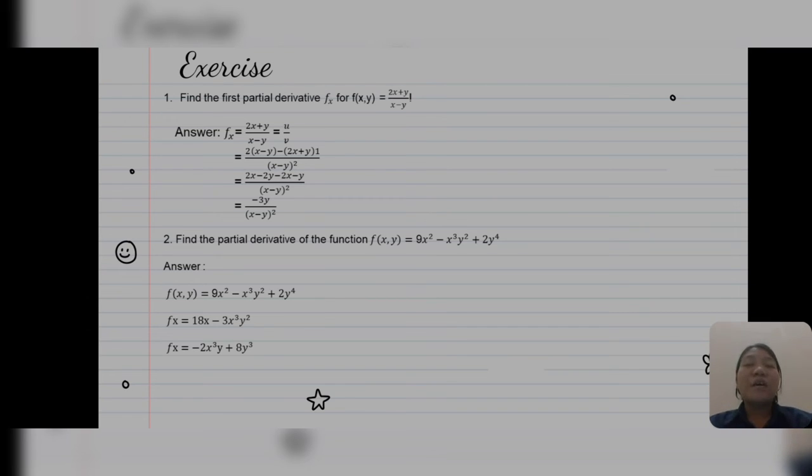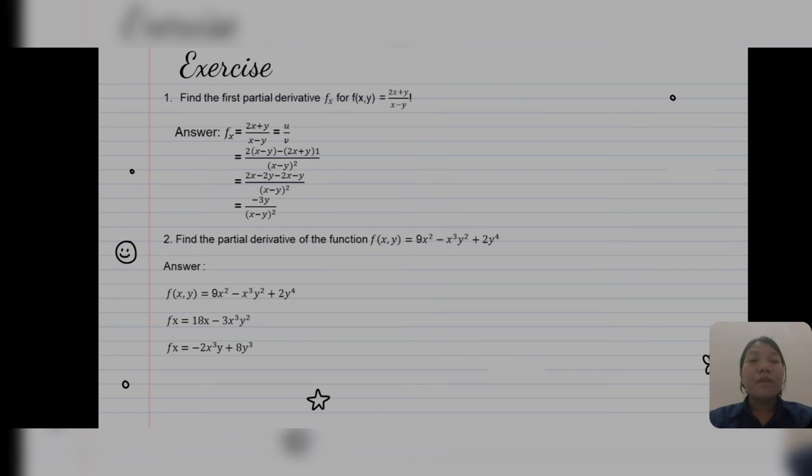So the phi accent is 1 because it's the same. We consider the y as a constant, and here the coefficient is 1, so we times 1 with 1.